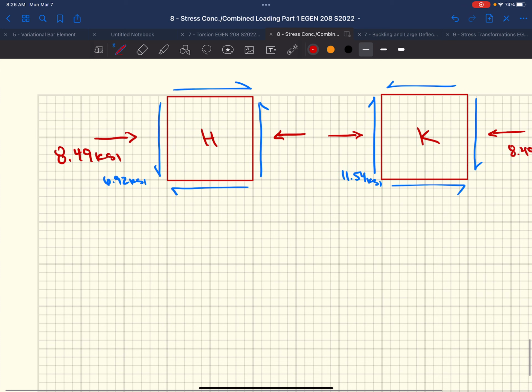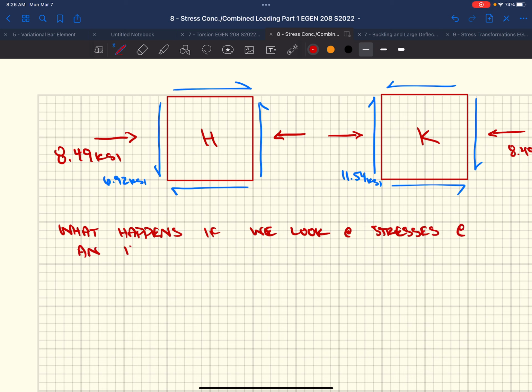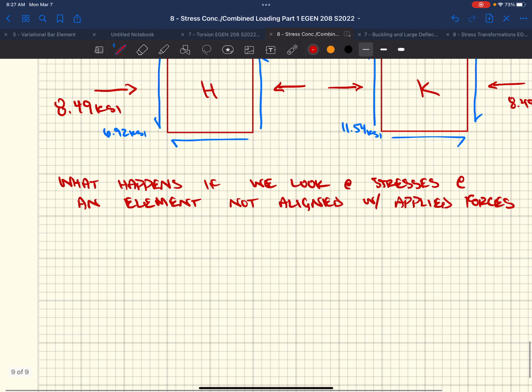So what happens if we look at stresses at an element not aligned with the applied forces? What if we wanted to look at that?